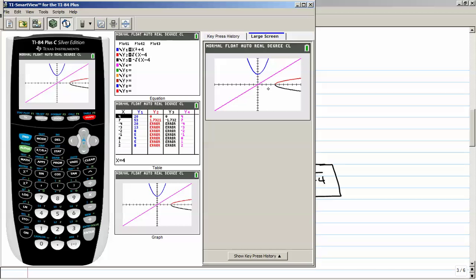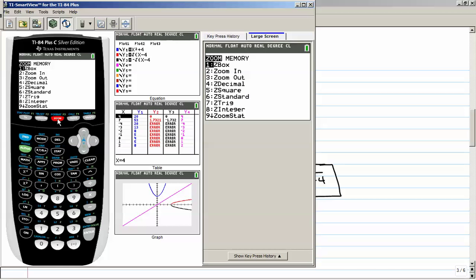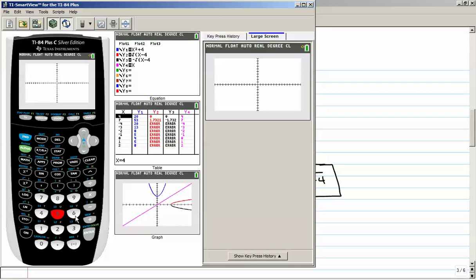So my spacing between the dashes is not the same. To change that, if I go to zoom and go down to 5, zoom square, it'll actually make my screen square, so that now when it graphs the two functions, actually the second one is not a function, technically, because it doesn't pass the vertical line test, and it graphs the line y equals x, it will look more like a reflection.